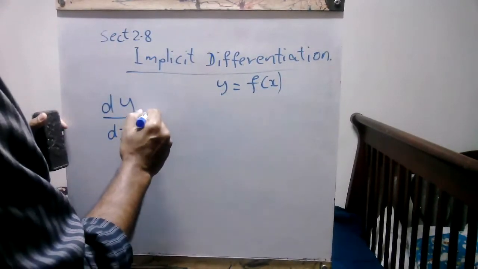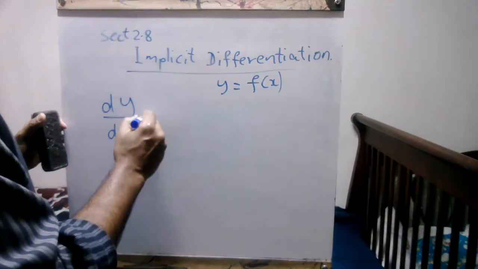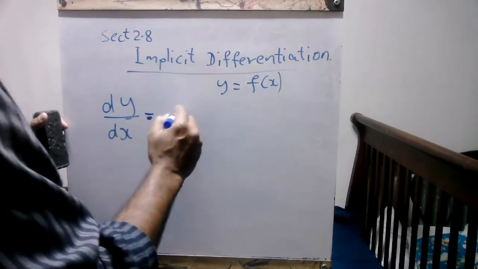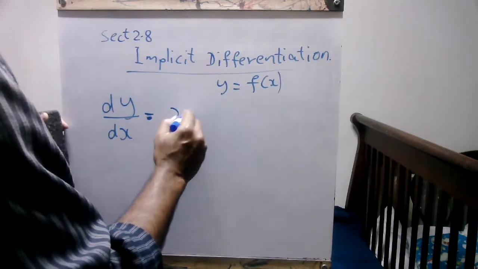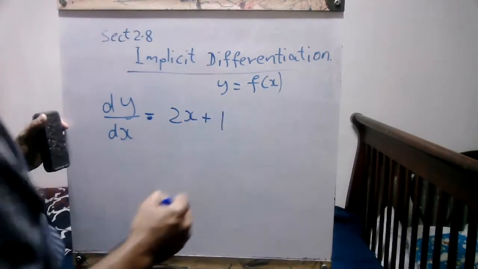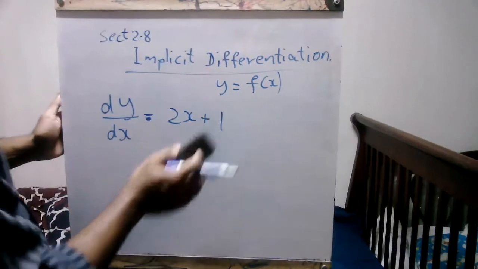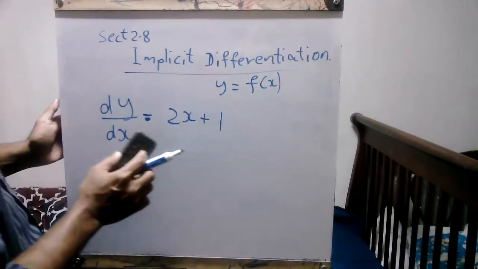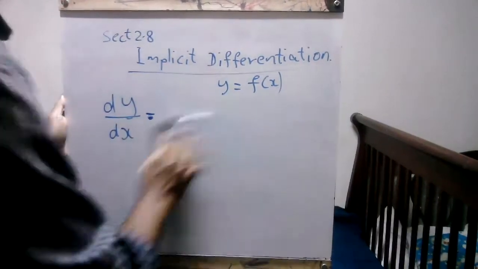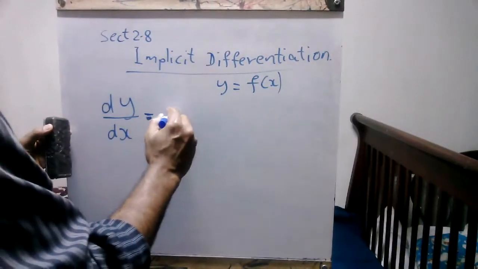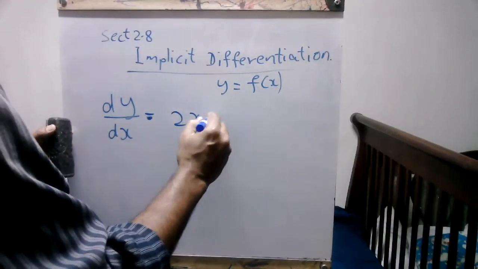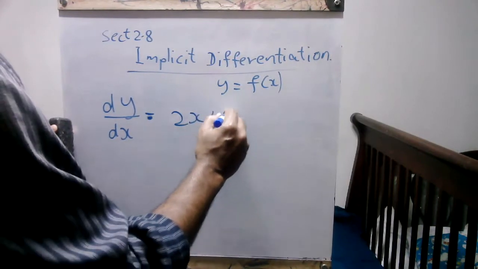So far we get dy/dx as something like 2x plus 1, but it is okay if we get an expression for dy/dx like 2x plus y.